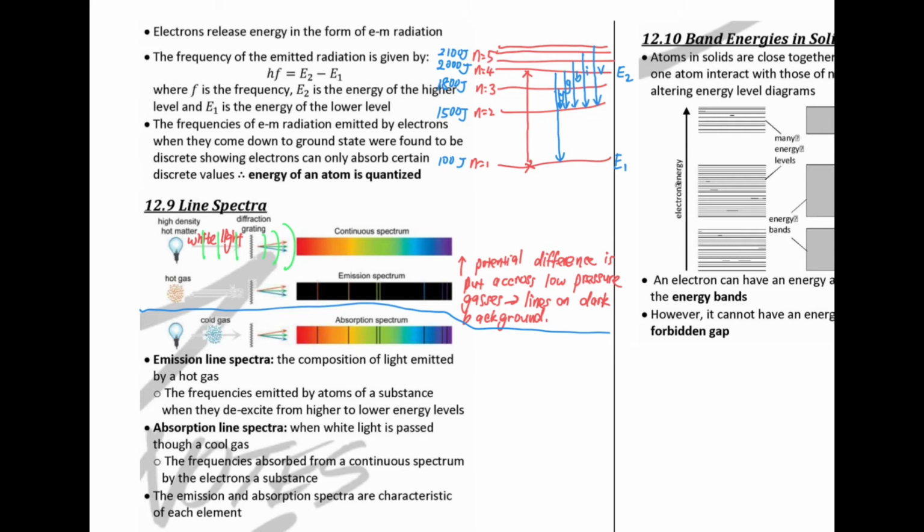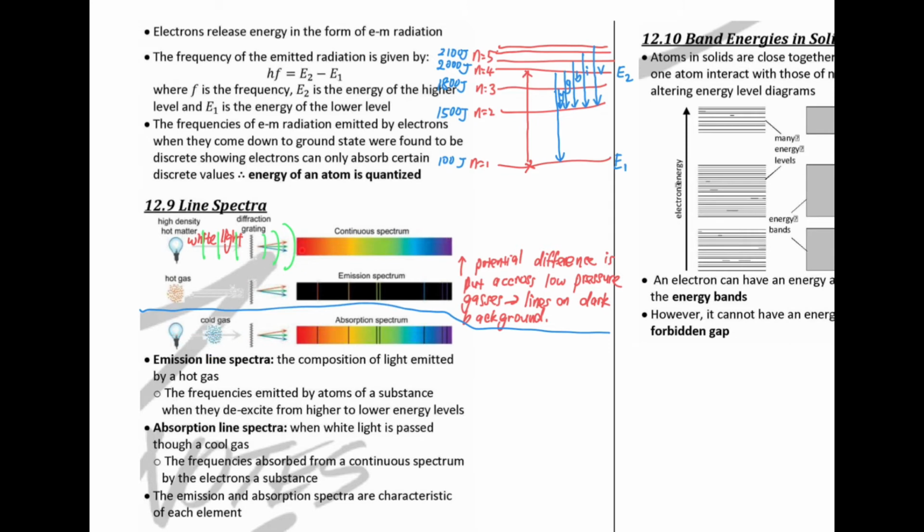Okay, so you see how we do it is in a different way actually. Okay, so we pass the white light through the cold gas. First of all, you have to know that the white light has 7 components, which are supposed to form this.